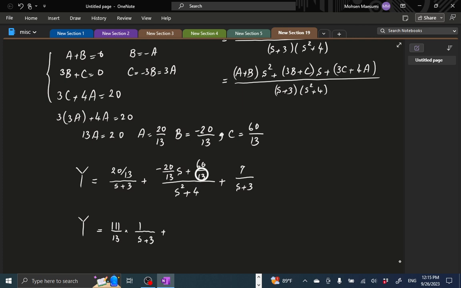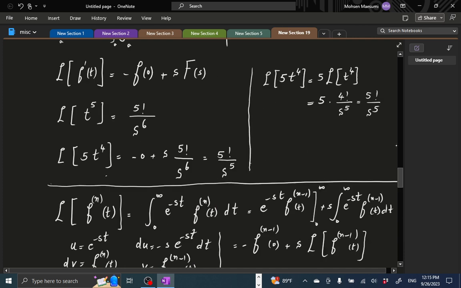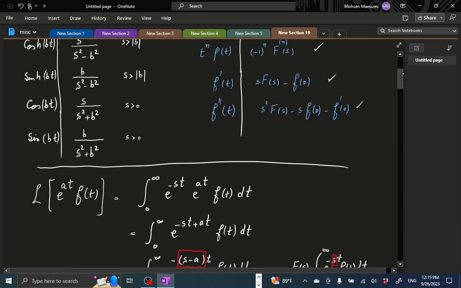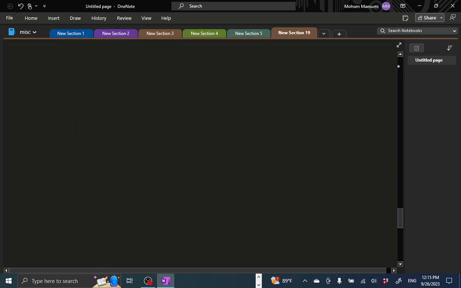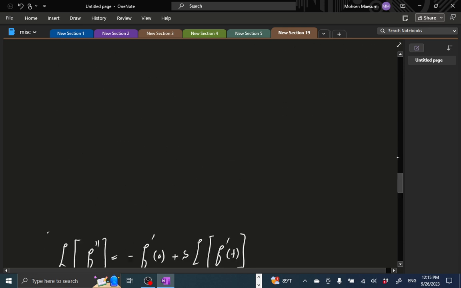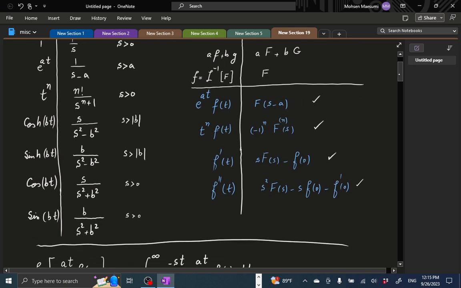How about this one? This fraction, as it is, we come across quite often. As it is, it doesn't show up on our table, but when you look at the table carefully, we see that we have s divided by a sum of squares, or b divided by a sum of squares.